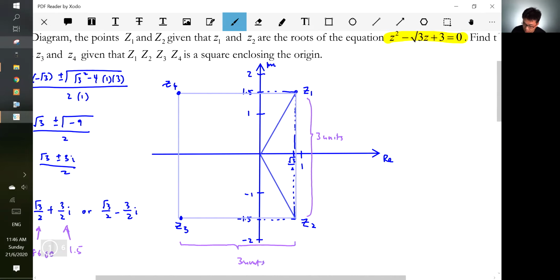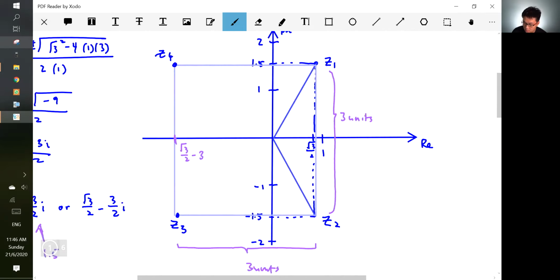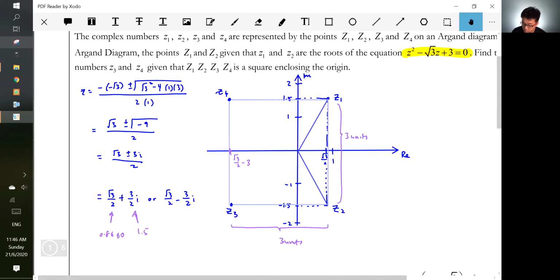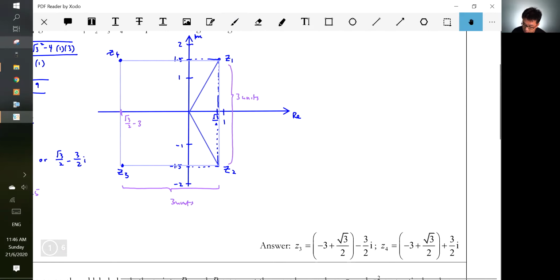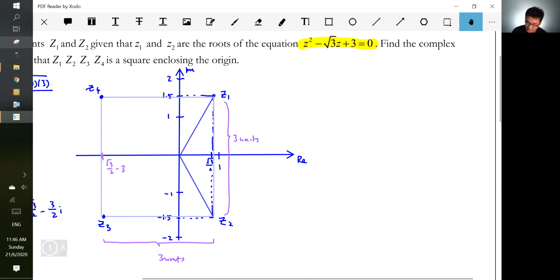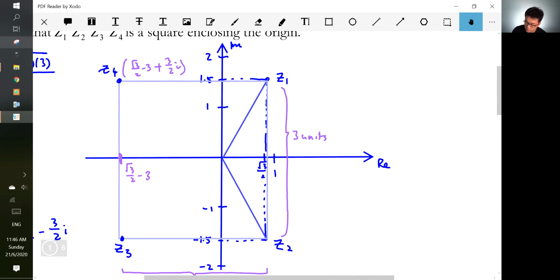In other words, this one here will be root 3 over 2 minus 3 units. That's about it, and that's your answer actually. I know you feel cheated. So Z4 is root 3 over 2 minus 3 plus 3 over 2 i.